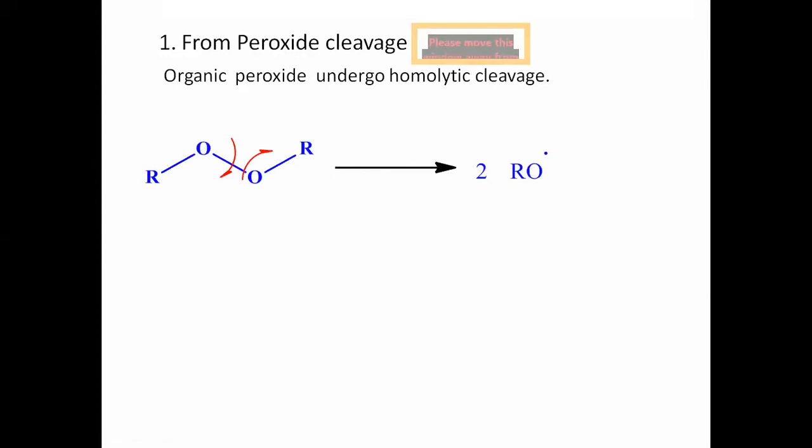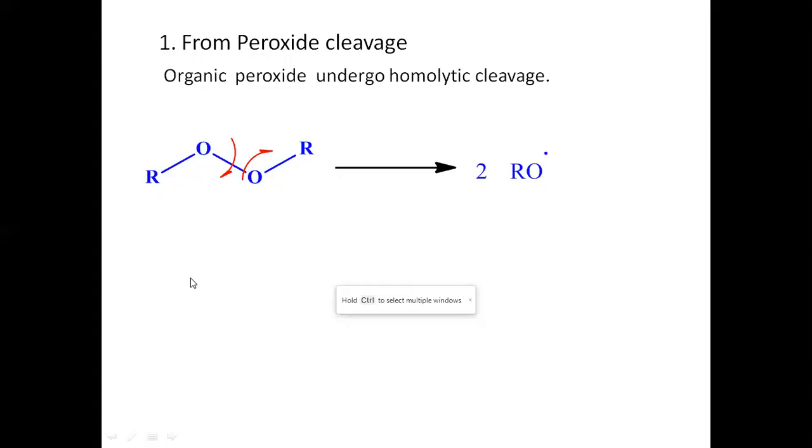And we should know the definition of peroxide also. If you know the definition of peroxide, we can easily find out the product containing the free radical.